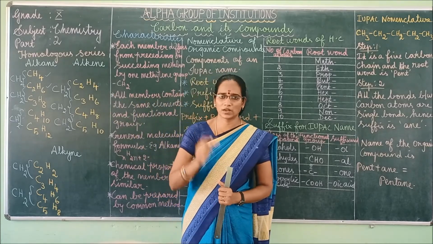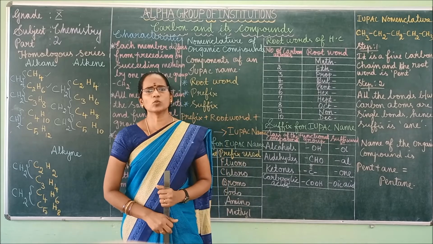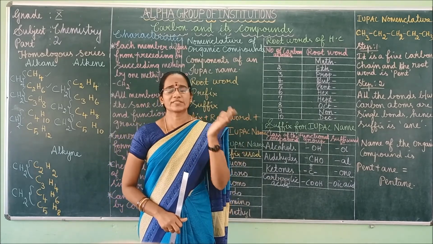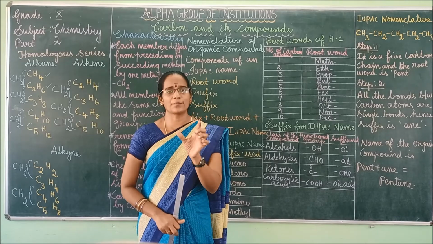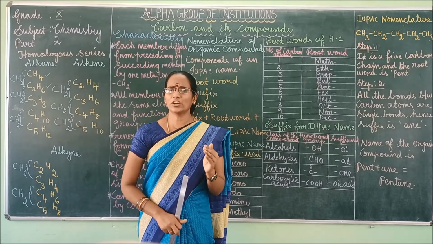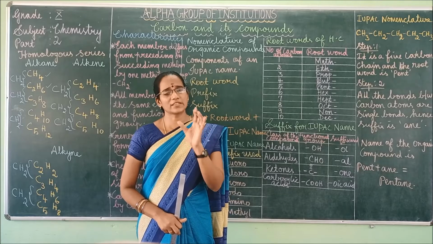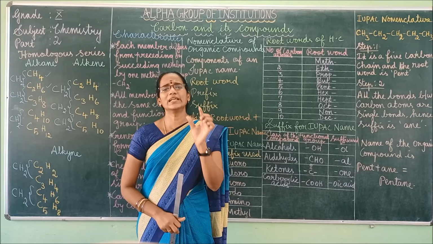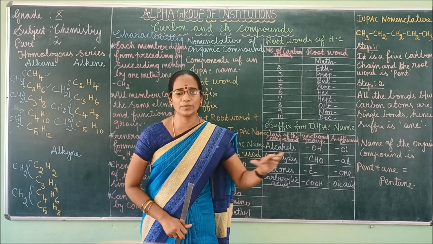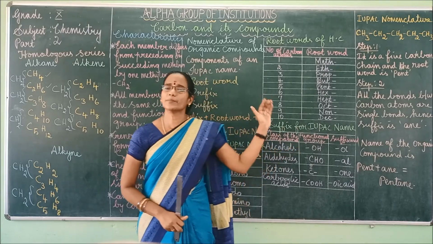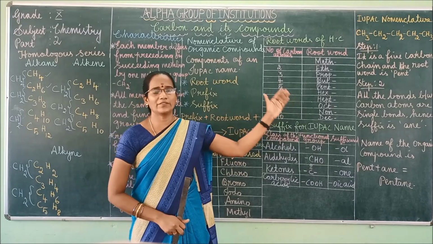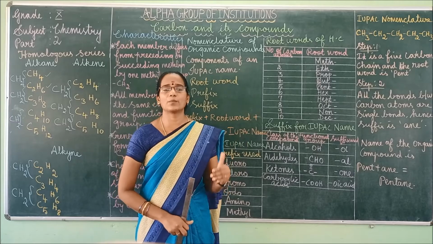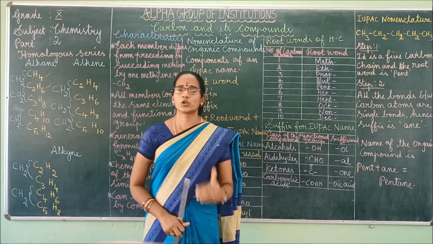Next one, if both the primary suffix as well as the secondary suffix are coming, in that case, the terminal E of the primary suffix has to be removed. Some examples we can see, that time I will tell you in detail. In the next video we will see about the rules once again.